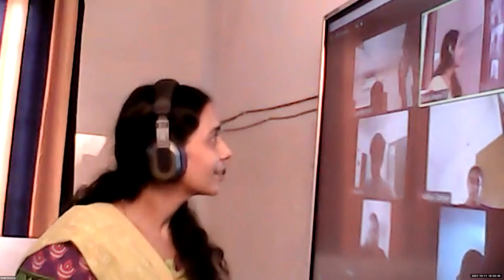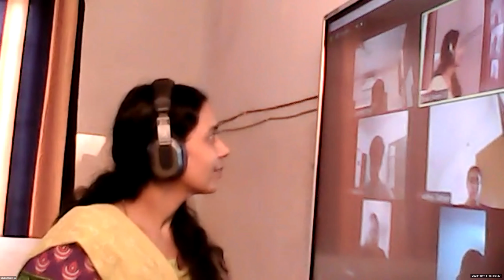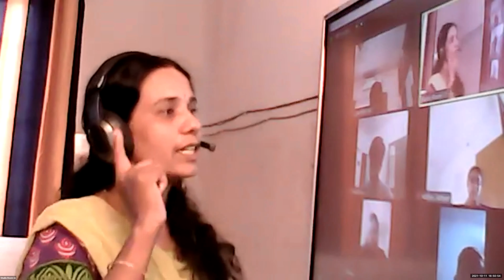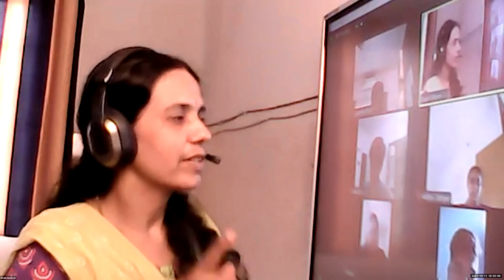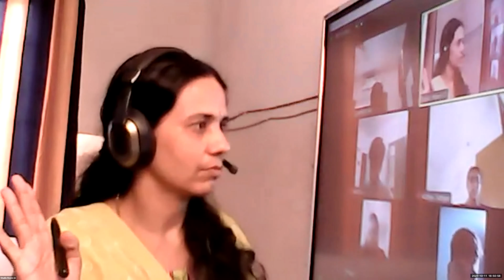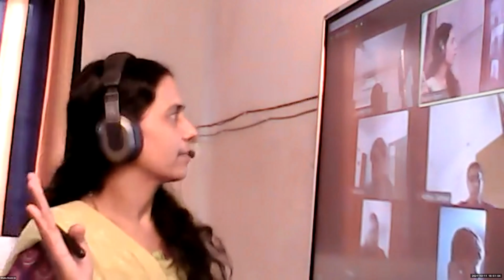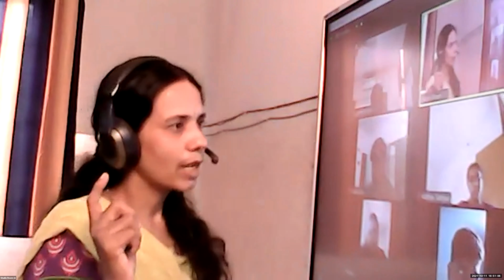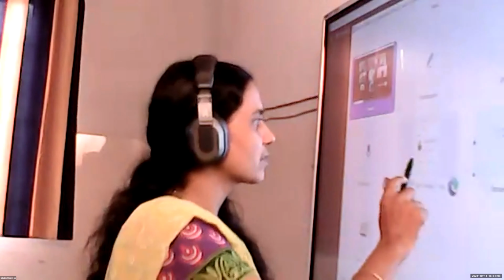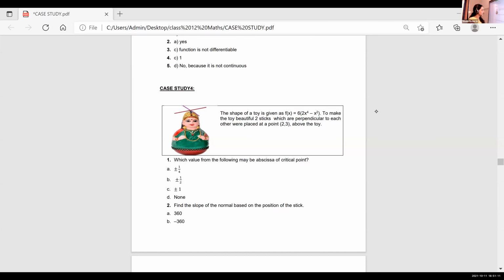Value of x. F dash of x is 0. Very good. It is the value of x for which the first order derivative becomes 0. First order derivative will vanish. Sometimes they will use the word vanish, that means it is 0. So we want to find the value of x where first order derivative is 0.